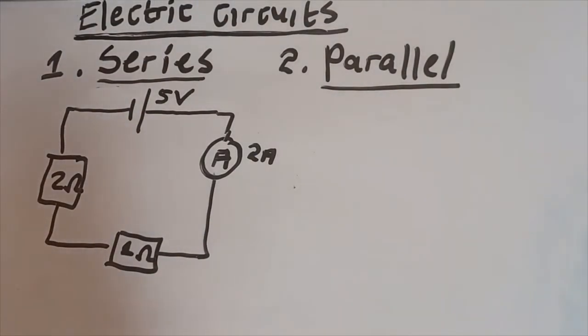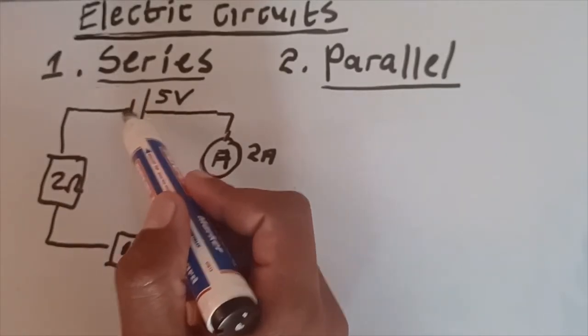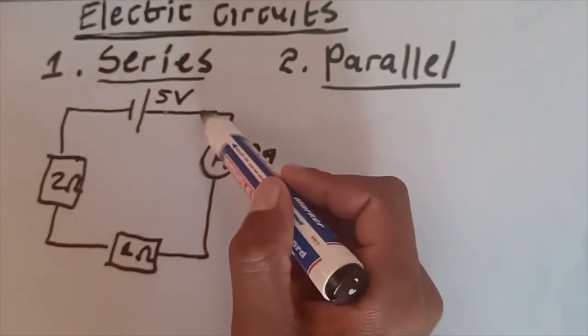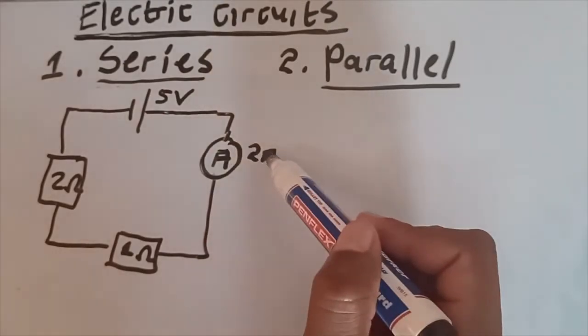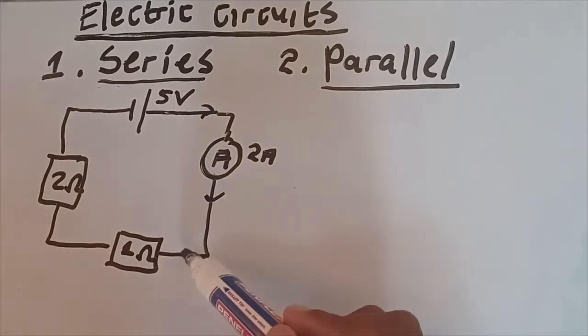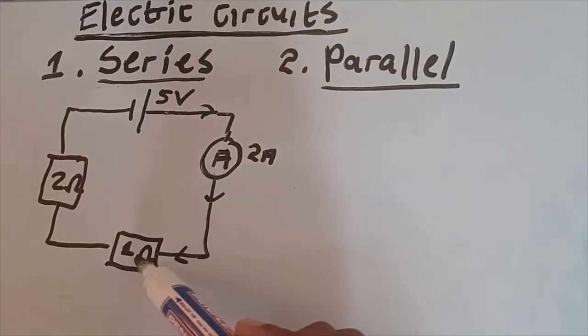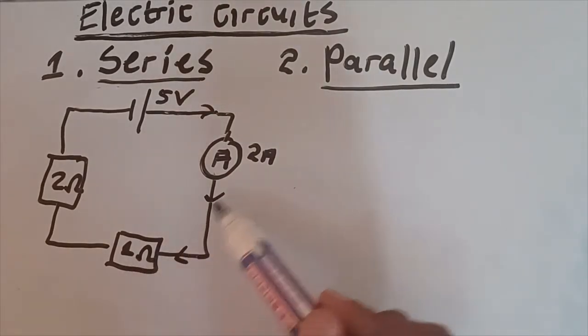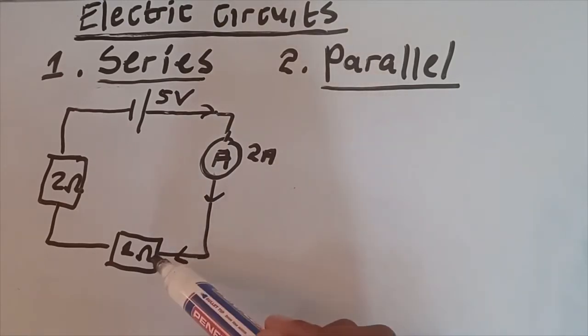Okay, so as you can see, the current is going to flow from the positive terminal of the battery as 2 amperes. When the current flows, it is going to reach our 1 ohm resistor without being divided, so it is going to be 2 amperes.